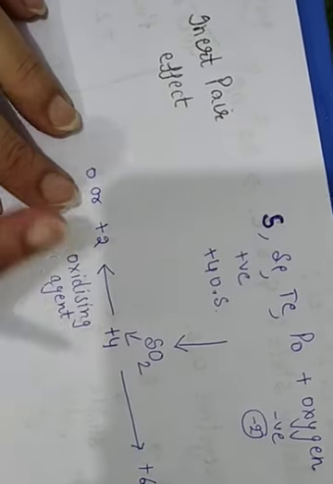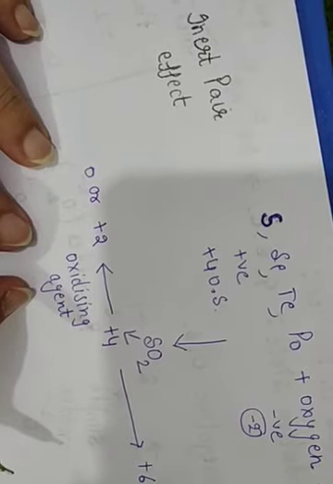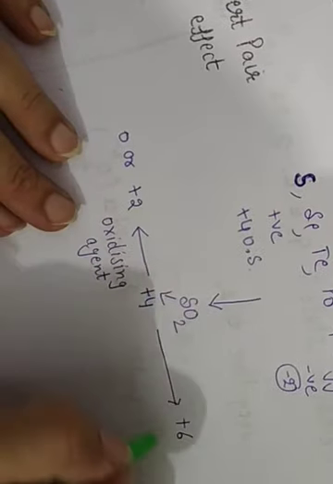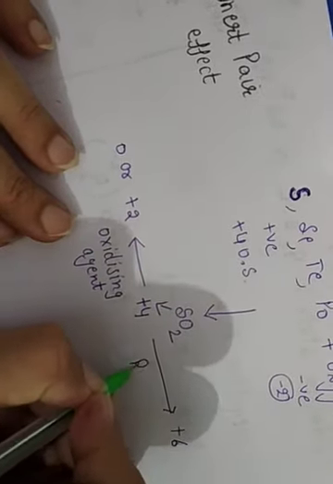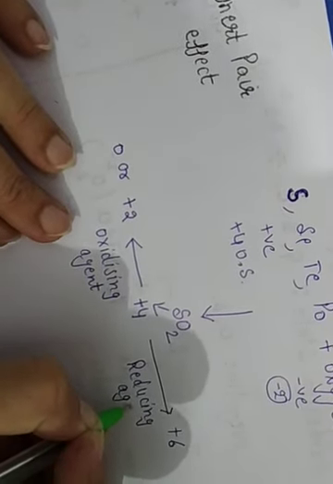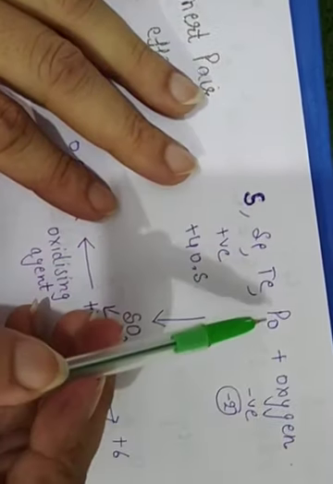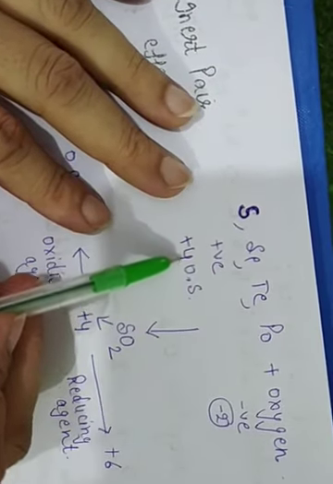When their oxidation state decreases, they behave as oxidizing agents, and when it increases, they behave as reducing agents. So these compounds behave as both. It means the compounds of sulfur, selenium, tellurium, and polonium in the +4 oxidation state behave as both oxidizing agent and reducing agent.